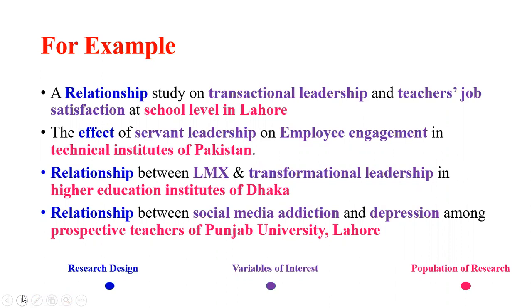The first topic is a relationship study on transactional leadership and teacher job performance satisfaction at school level in Lahore. Relationship tells us which research design I opt for: correlation, right? Study on transactional leadership and teacher job performance, these are the variables of interest, and relationship tells what type of research design I choose, correlation, and where I would collect my data, at school levels in Lahore, right?